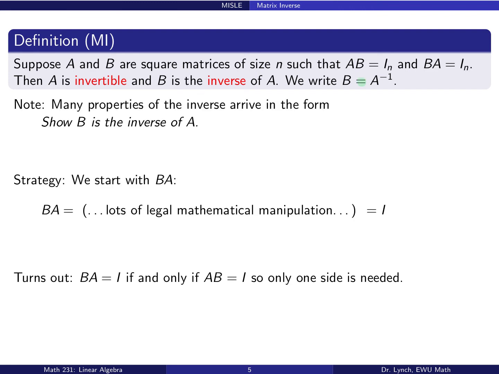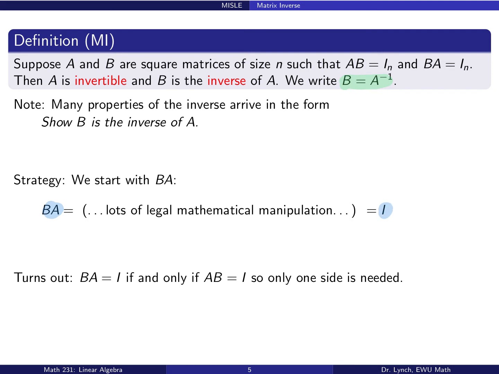Okay, so again, with this notation, many properties of the inverse we'll see later arrive in the form: show that B is the inverse of A. So we go back to exactly this definition and start with BA, do a bunch of legal mathematical operations, and end up with the identity matrix.